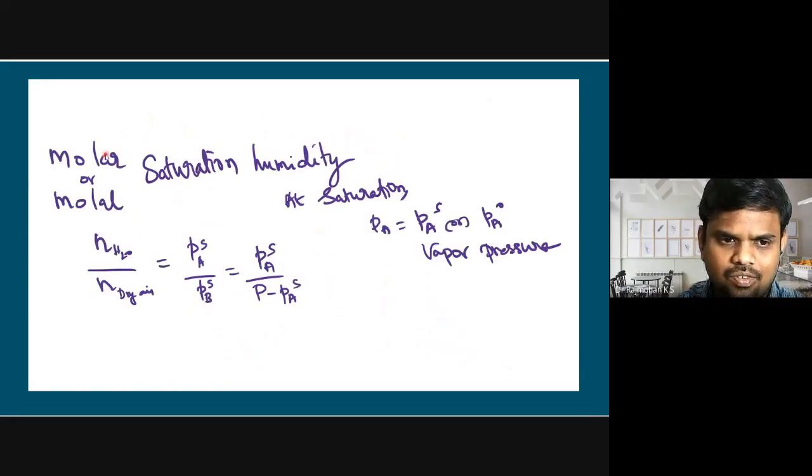And if you ask what is molar saturation humidity, at saturation we know that partial pressure is equal to vapor pressure. I told you the superscripts of S are not PA naught or PAS, or even capital P subscript V, we can represent the vapor pressure. So that way we can substitute for this, and we can still get the molar saturation humidity, if you know the partial pressure.